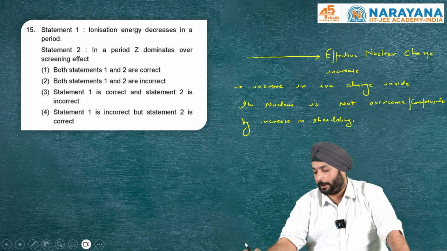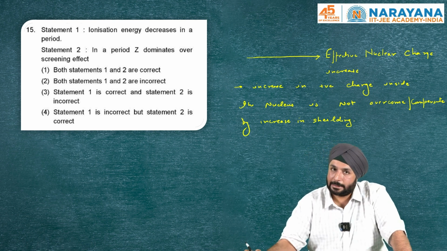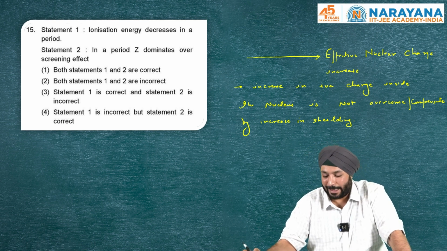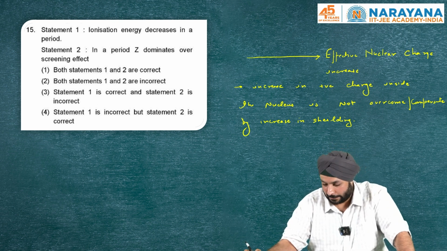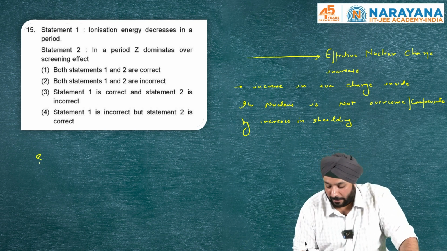So along a period, effective nuclear charge increases, ionization enthalpy increases. So the correct option for this statement 1 definitely 100%.